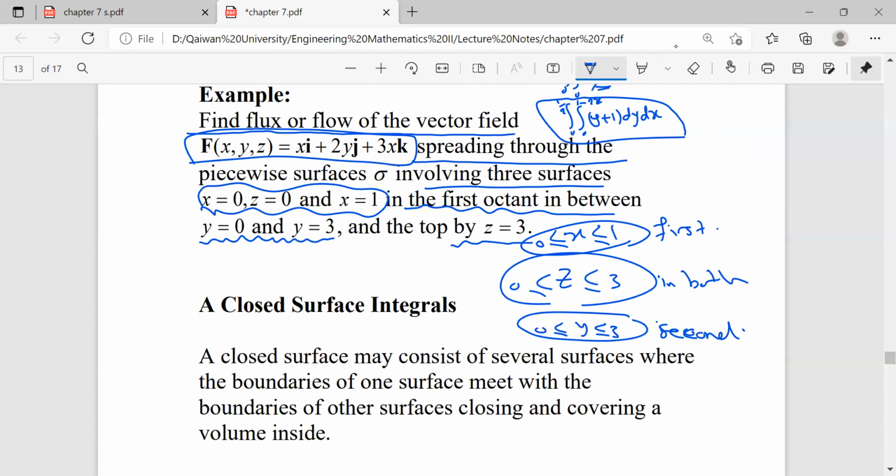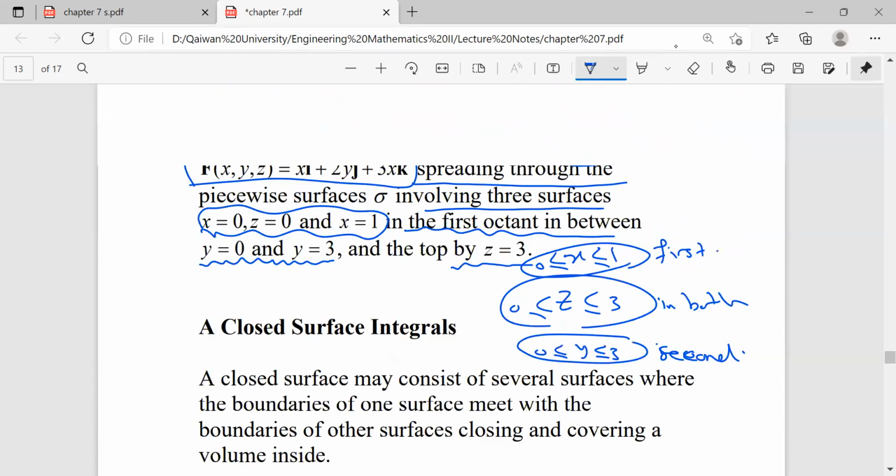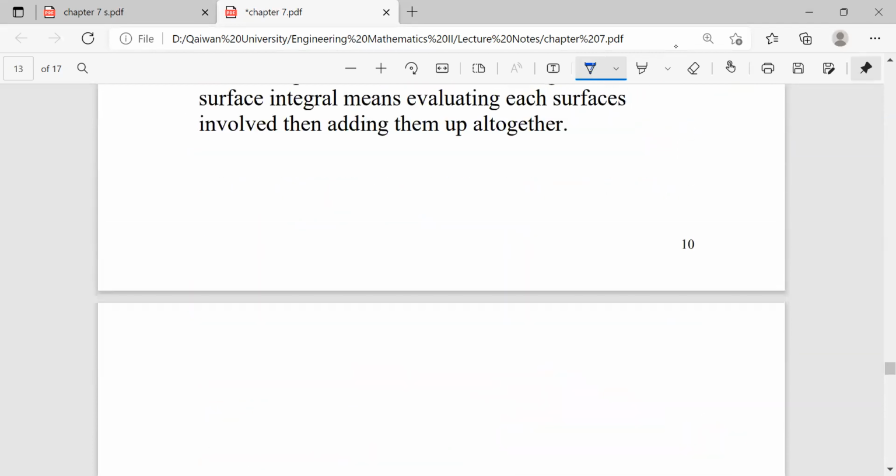When we find phi, for the first case, as we have only x and z, phi is y minus f of xz.